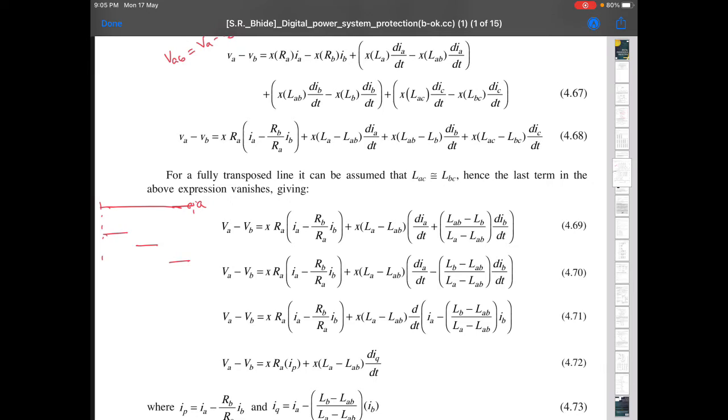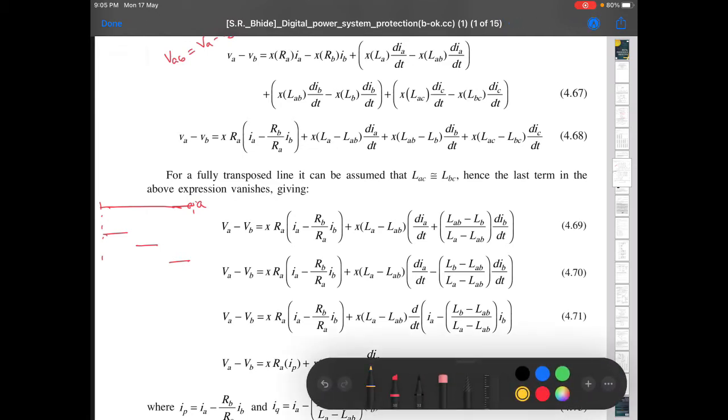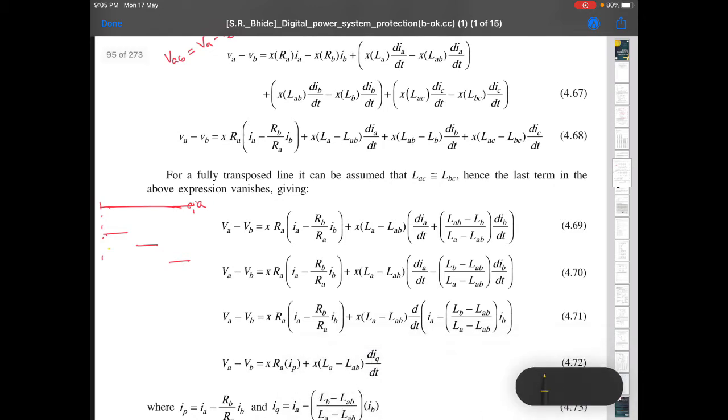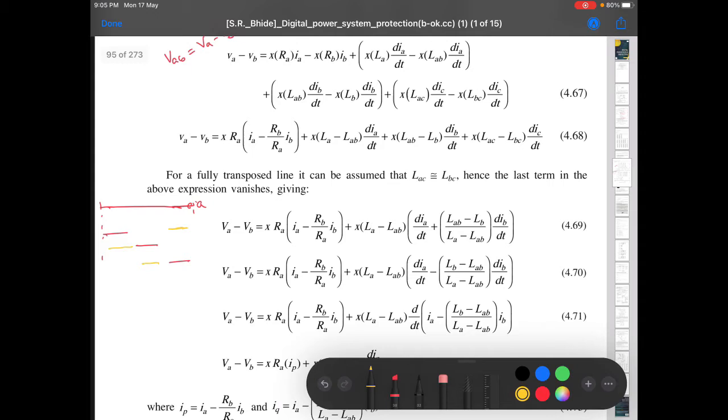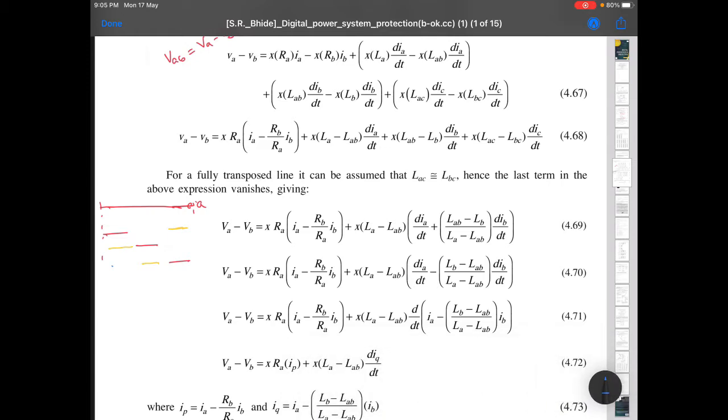In a transmission line, to nullify the effect of mutual inductance, what we do is this: the R phase is taken like that, and your yellow phase, this is Y, this is Y, and this is Y. If it is 300 kilometers, 100 kilometers of R will run first, and then the blue will come here and here.